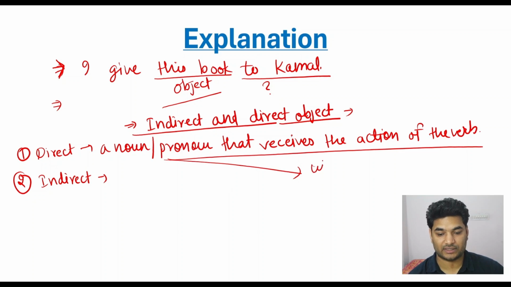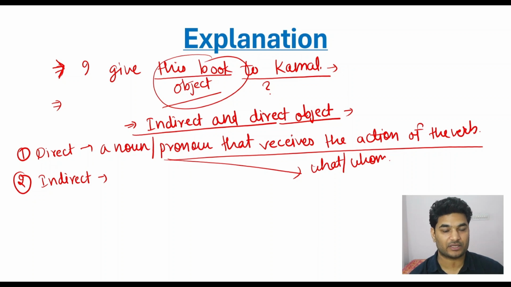Or it answers questions like what or whom. What she is giving to Kamal is a book. So the book is the direct object. The action is giving. And what is she giving? Book. Action is applied on book.